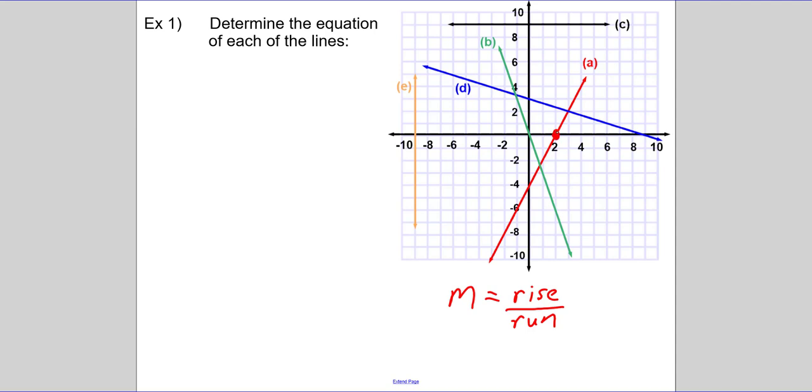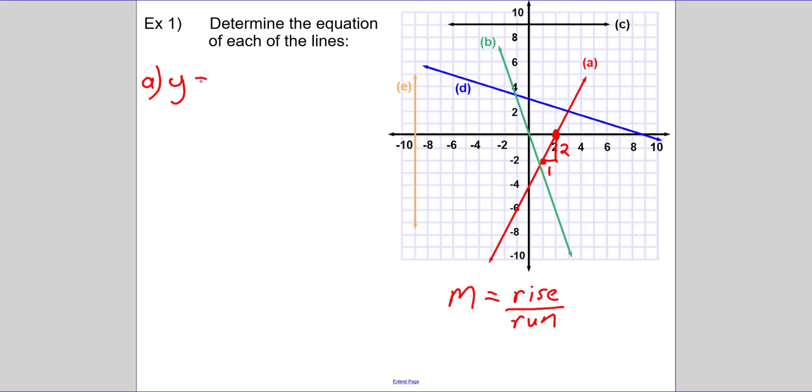So I'm going to pick this point here, and it looks like maybe this point right here. And if I draw my triangle like that, we can see we're going over 1 and up 2. So my rise is 2 and my run is 1. So that gives me a slope of 2. So for question A, I know my slope is 2.